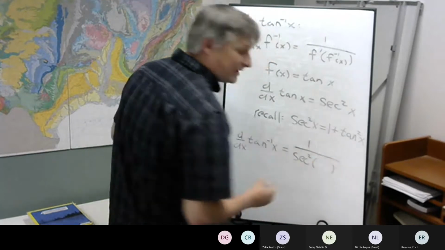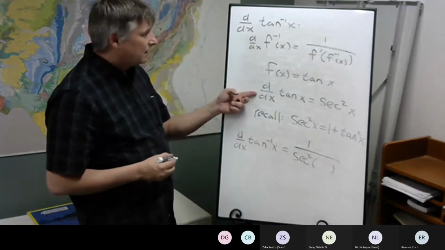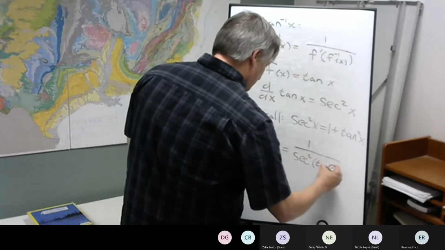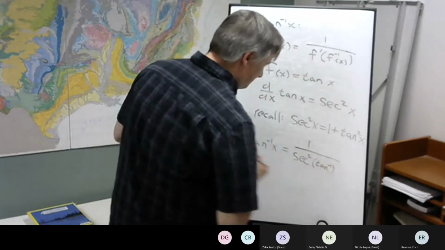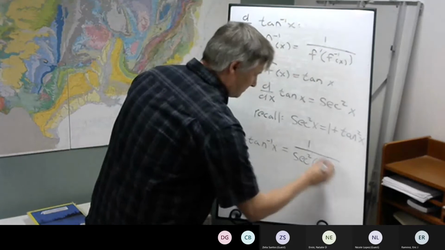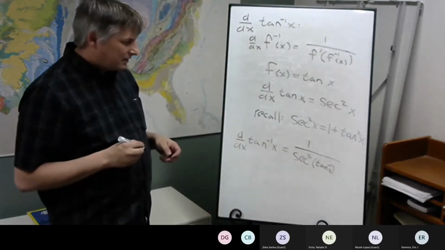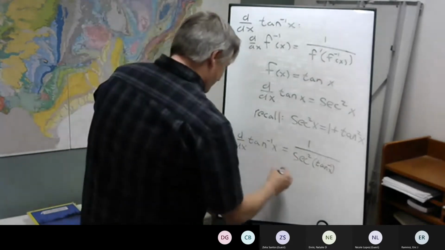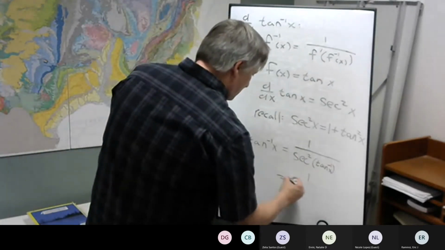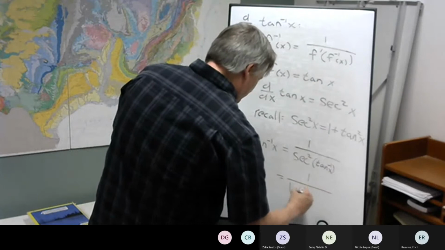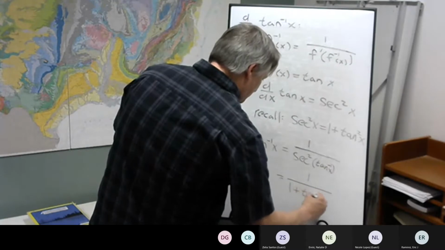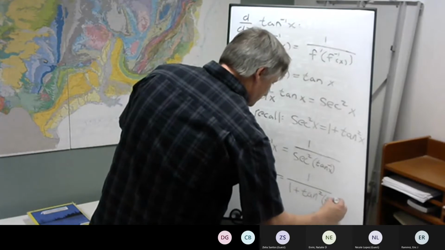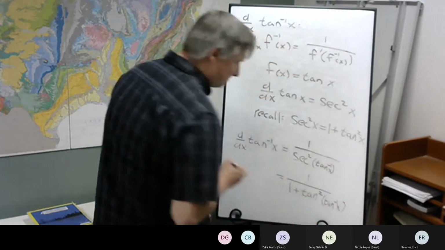So that's the derivative of tangent, secant squared, and then the inverse is tangent inverse of x. So we're going to do a little trick here. We're going to use that identity. So this will be equal to 1 over 1 plus tangent squared of tangent inverse of x.